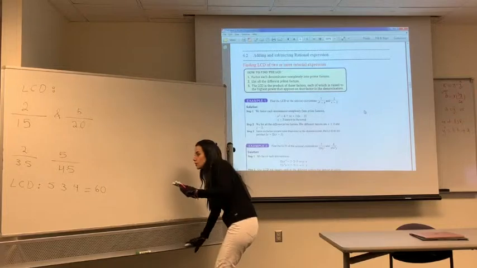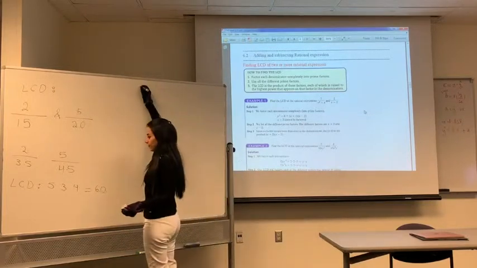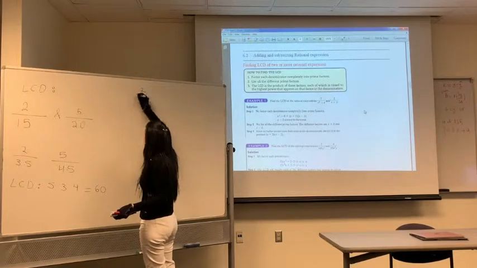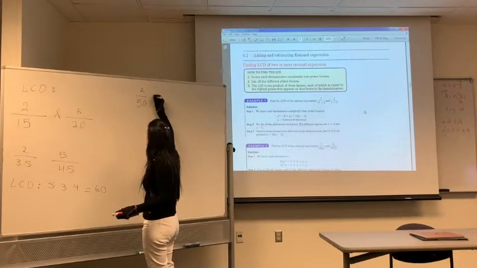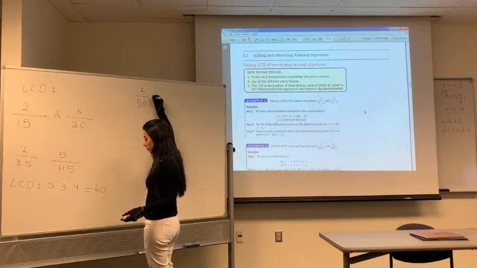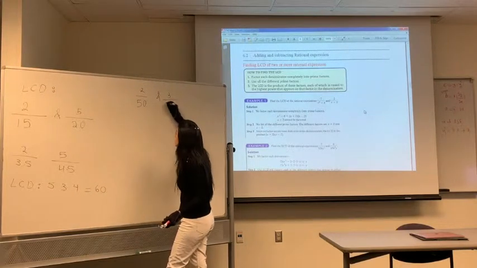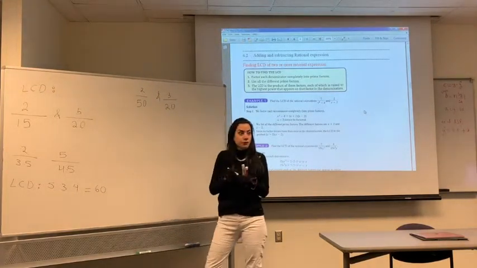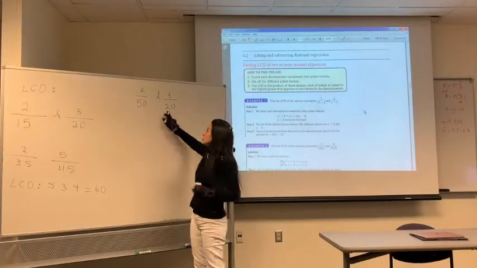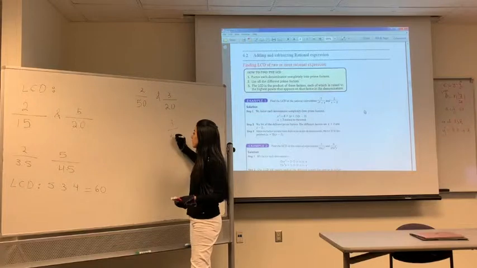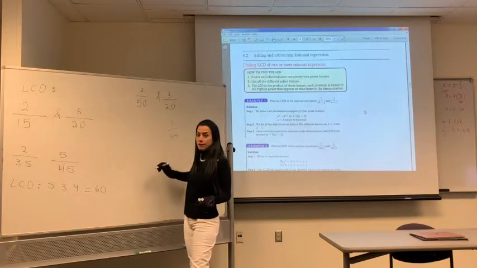Now, let's say we have 2 over 50 and 3 over 20. That would be 2 over 10 times 5. 20 we already know is 4 multiplied by 5, correct?